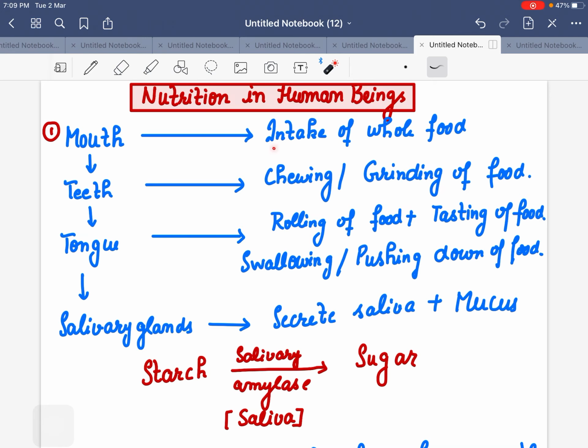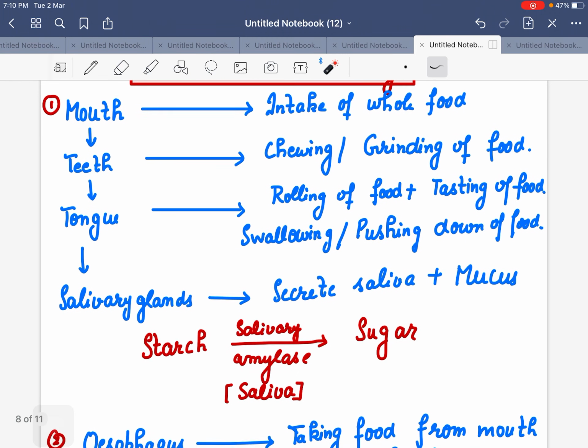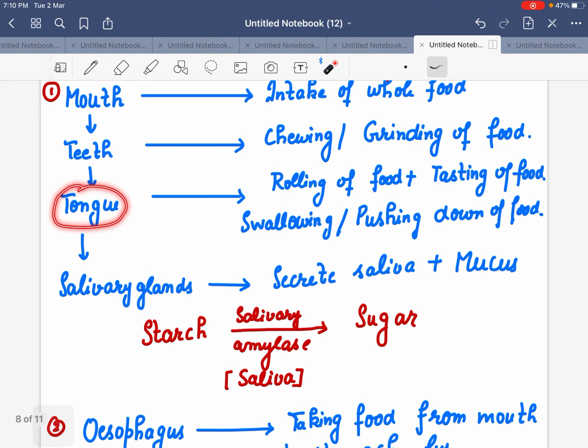So first you have taken the food through the mouth, then you are grinding it, keeping it in pieces. Then there is the tongue.